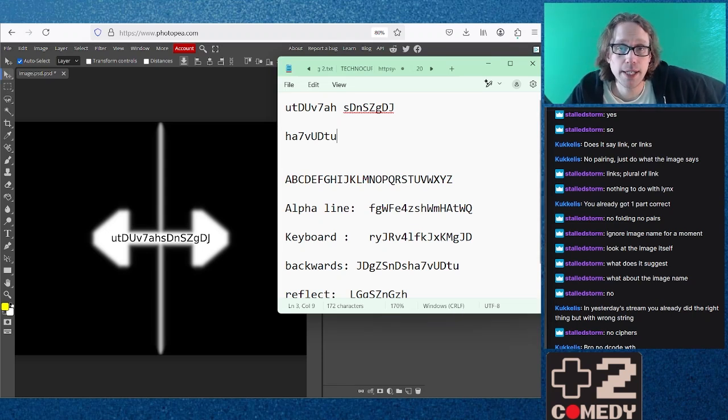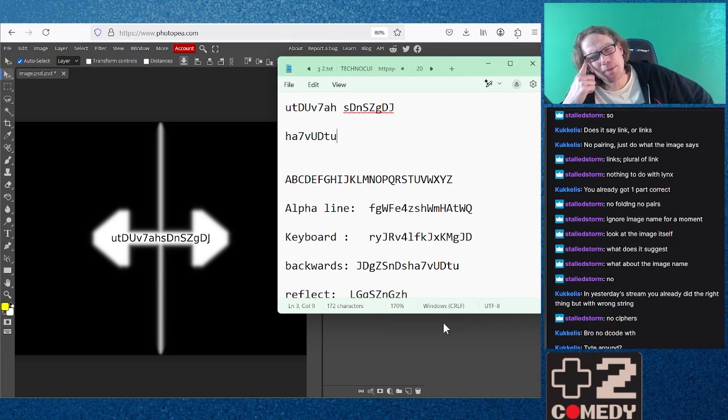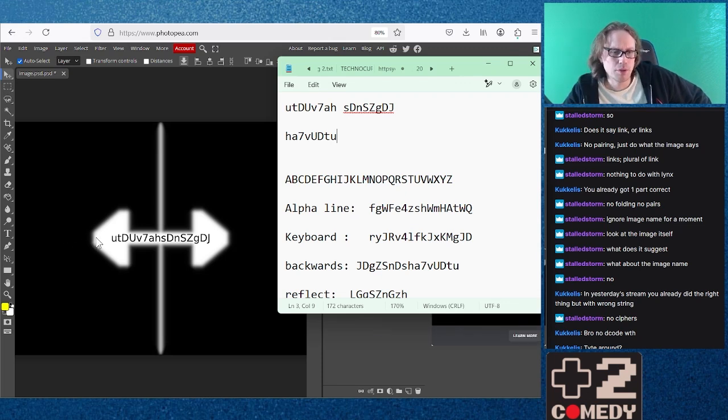I could go reflect it, but I had the thought about flipping it upside down, just because it's also mirrored this way.